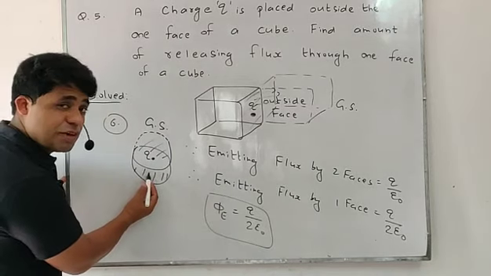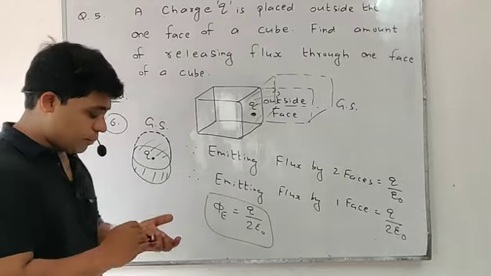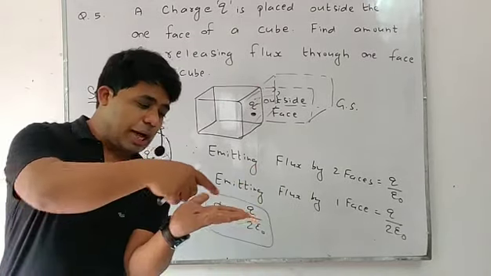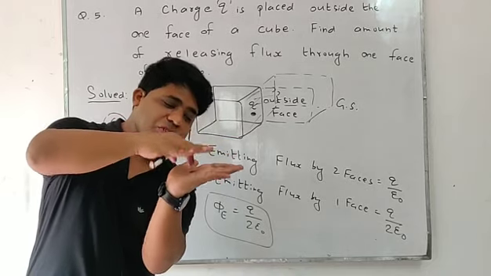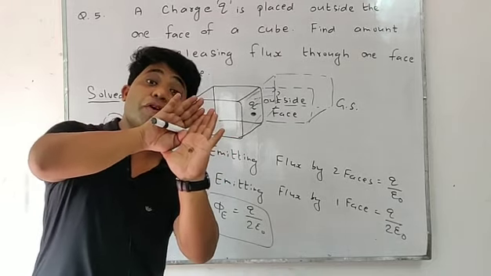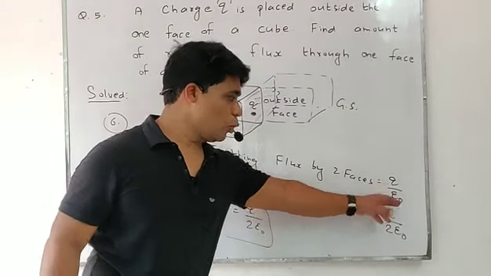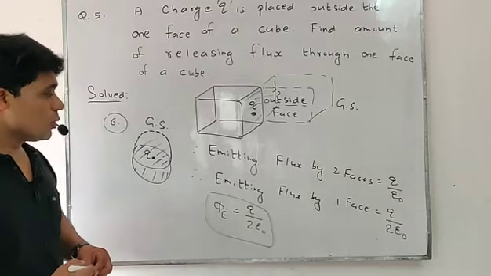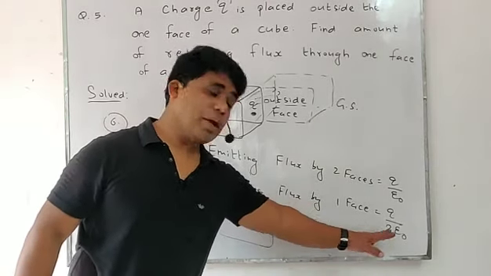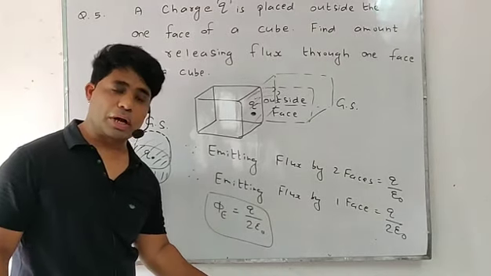So this is a hemisphere, and we assume another hemisphere on it, so the charge is closed between two faces. So same answer: emitting flux by two faces is Q by epsilon naught. We want only one face of a hemisphere, so emitting flux by one face is Q by 2 epsilon naught. So two questions and one solution. Understood, students?